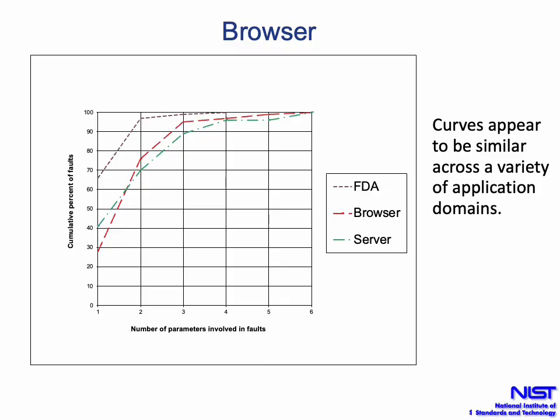One point is that in this case, and for the server software, 6 factors were involved in a few of the failures, but no more than 6. And we also see that at the lower end with a single factor, relatively few failures involved a single factor, many more involved one or two factors, but getting into 3 or more, relatively few failures involve 3, 4, 5, or 6 factors.